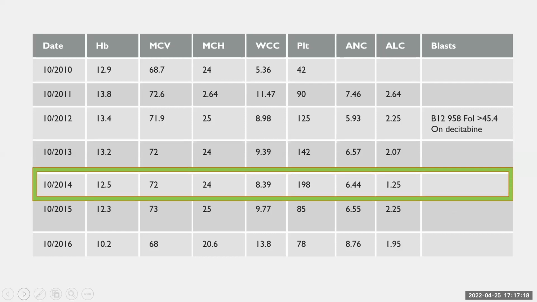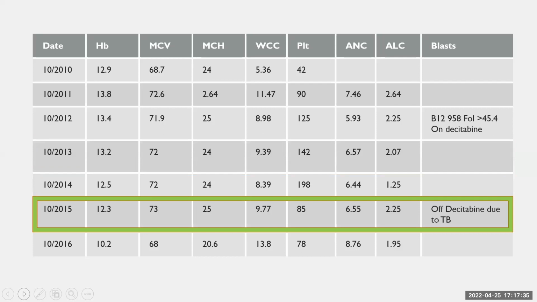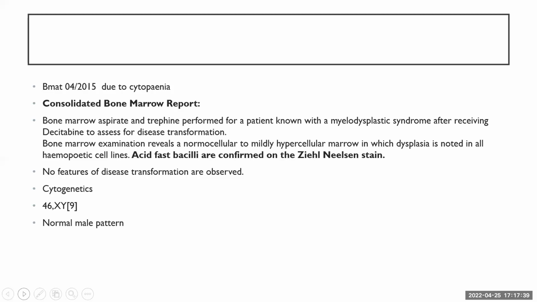However, in 2015, he then started developing cytopenias again. However, there were no peripheral blasts seen. So another bone marrow investigation was done at this point. So in 2015, a bone marrow aspirate and trephine was done.